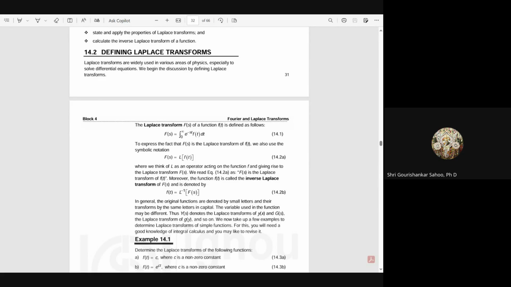And the Laplace transform of small f(t) is capital F(s). So you can write F(s) is equal to L[f(t)], where L is an operator acting on the function f and giving rise to the Laplace transform. Similarly, you can have the inverse Laplace transform: f(t) is equal to L inverse F(s).